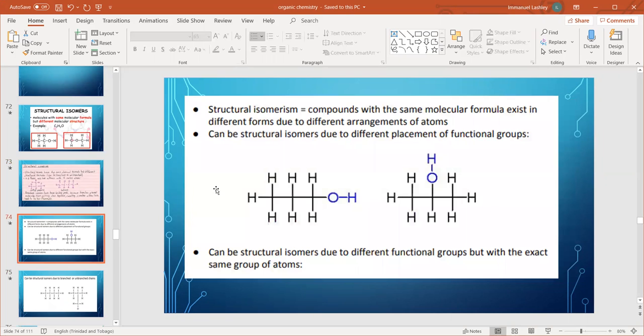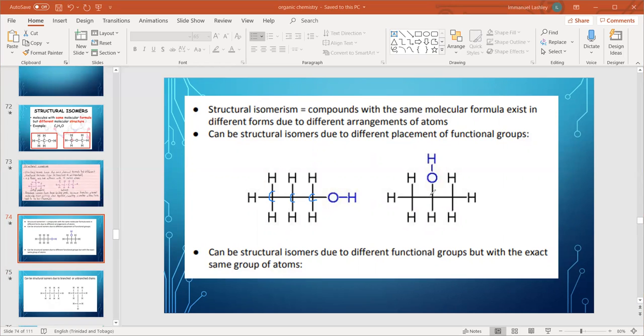Next, we have structural isomerism. Compounds with the same molecular formula exist in different forms due to different arrangements of atoms. So we can see this from the example below. Here, on the inside, you would have had a carbon here, and a carbon here.